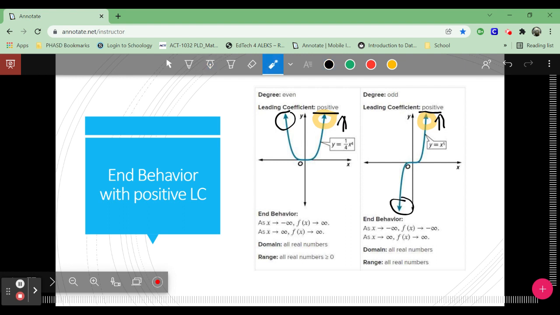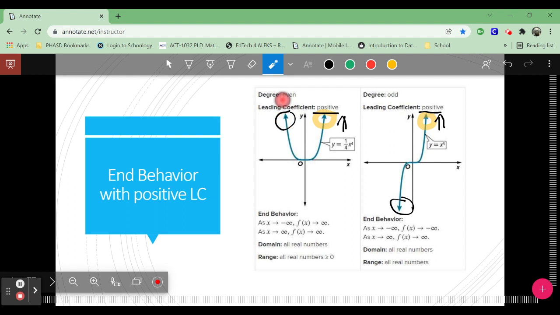And again, the right side is always following the leading coefficient being positive or negative. Make sure you know how to write it in end behavior. As x approaches negative infinity is just a fancy way to say left. As x goes towards the negatives, which means as it goes left, y, f of x is y, y goes up.